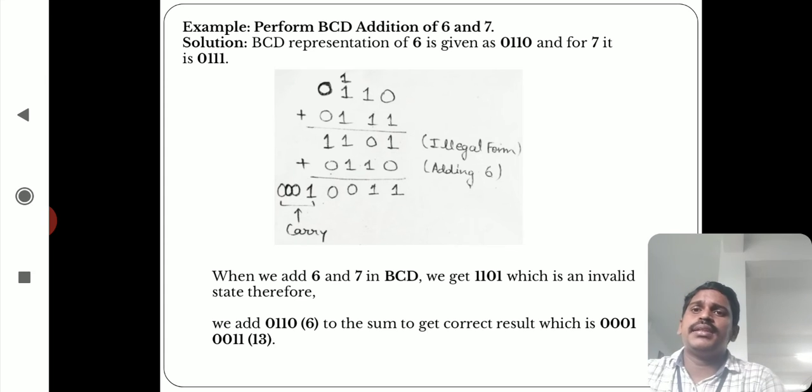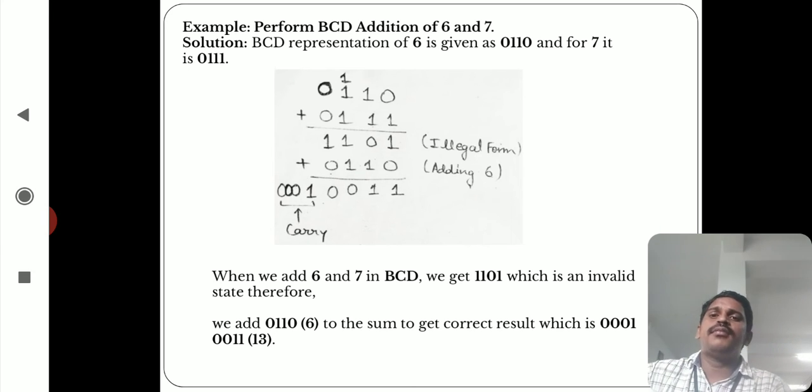In the third bit, 1 plus 1 equals 0 with carry 1, plus the previous carry 1 gives 1, and again a carry is produced to the fourth group. Finally in the fourth group 0 plus 0 plus the carry equals 1. That gives the form 1101.